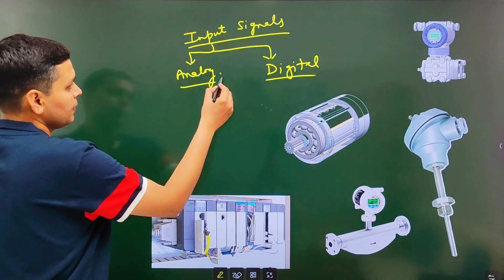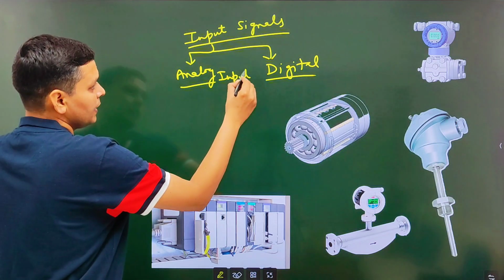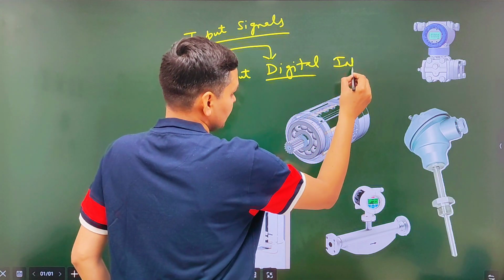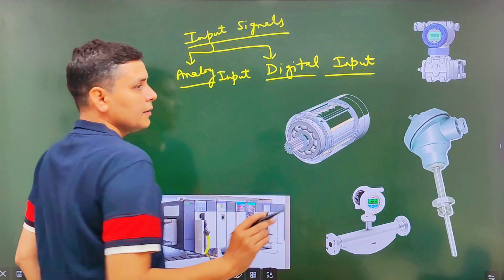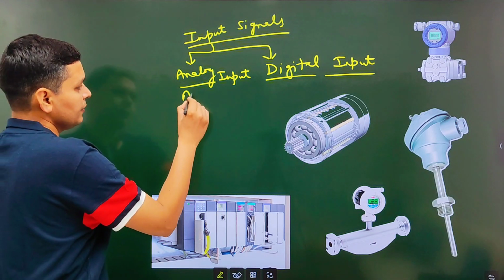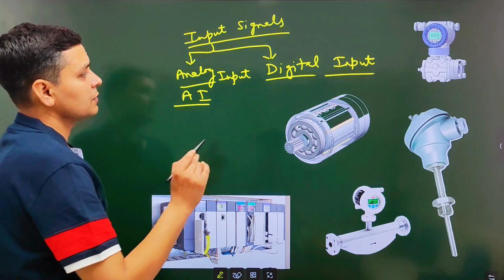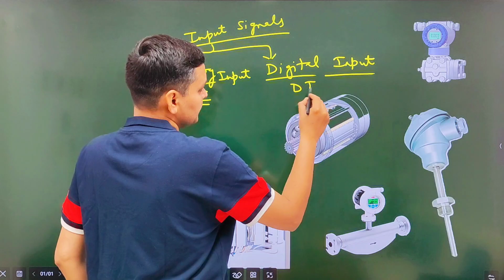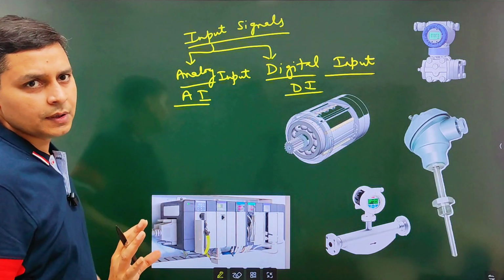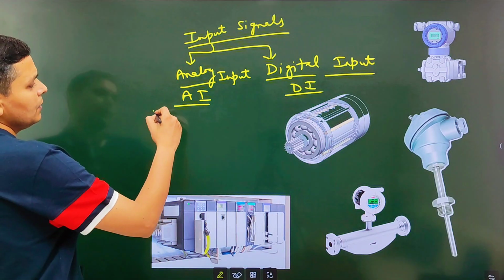Analog input and digital input. The short form of analog input is AI, and the short form of digital input is DI. Let me first discuss the analog input signal.